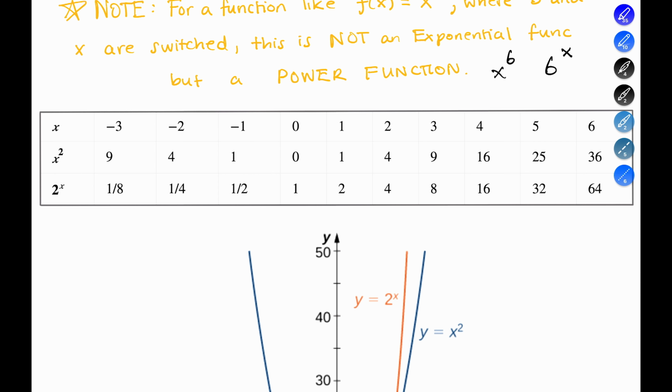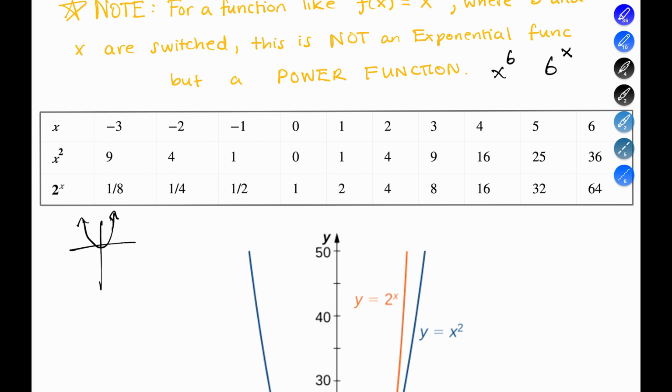Now let's take a look at power functions and exponential functions side by side, and let's compare and contrast them. So we have the scale x, so it goes from -3 all the way to 6 in increments of 1, and then here we have x squared, which is a power function, commonly known as a quadratic function, which goes like that.